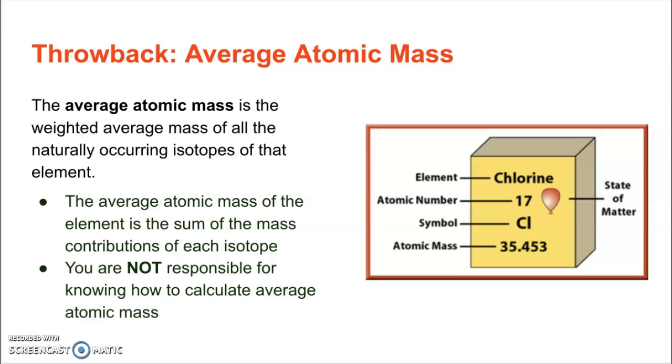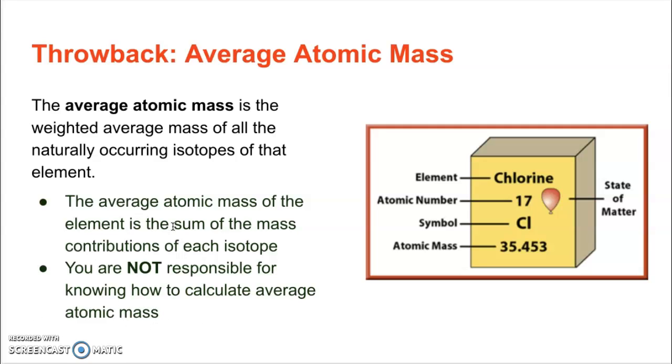Okay? So if we have carbon 12, carbon 13, and carbon 14, what we do is we look at how often they occur. We weight their masses, okay? Add them all up. It's kind of a complicated process, but overall, our average is going to be about 12.01.